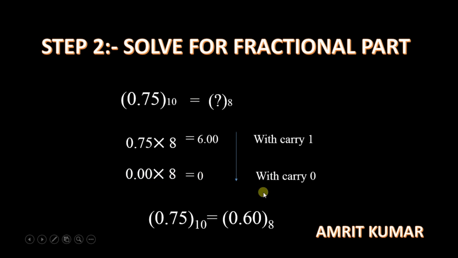So our output is that the decimal number 0.75 base 10 has the octal number 0.60, and that is what we are converting. So this is how we can convert the fractional part into an octal number.